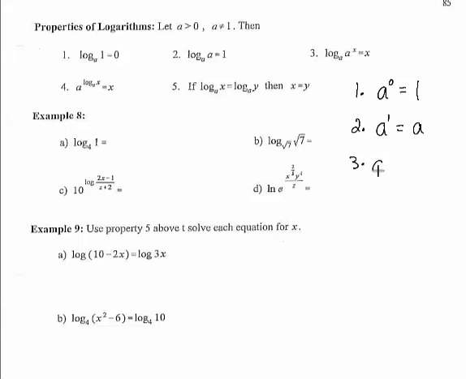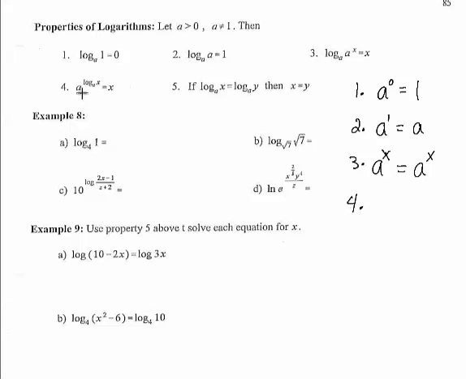So if we take a, the base, and that becomes the base of the exponent, we raise it to the exponent of x, then we get the argument of the log, a to the x. So a to the x equals a to the x. Once again, makes perfect sense if you convert the log form of the equation to the exponential.